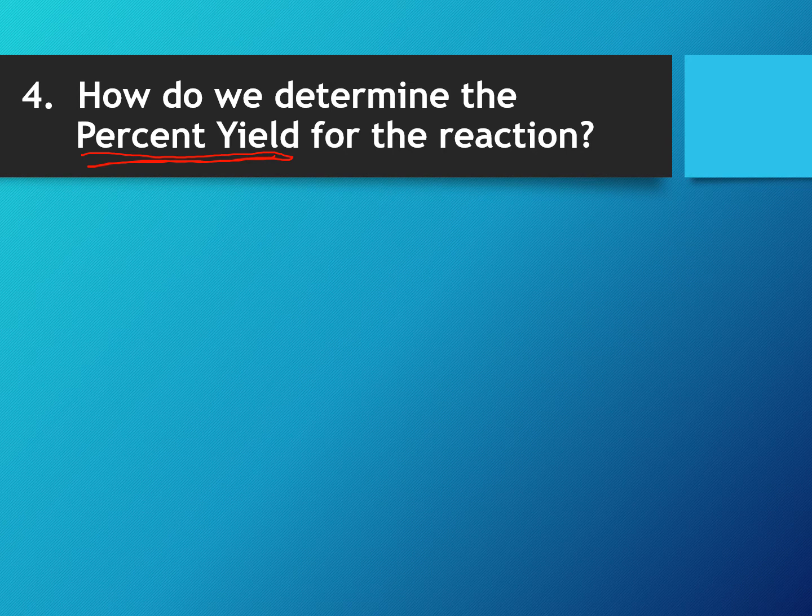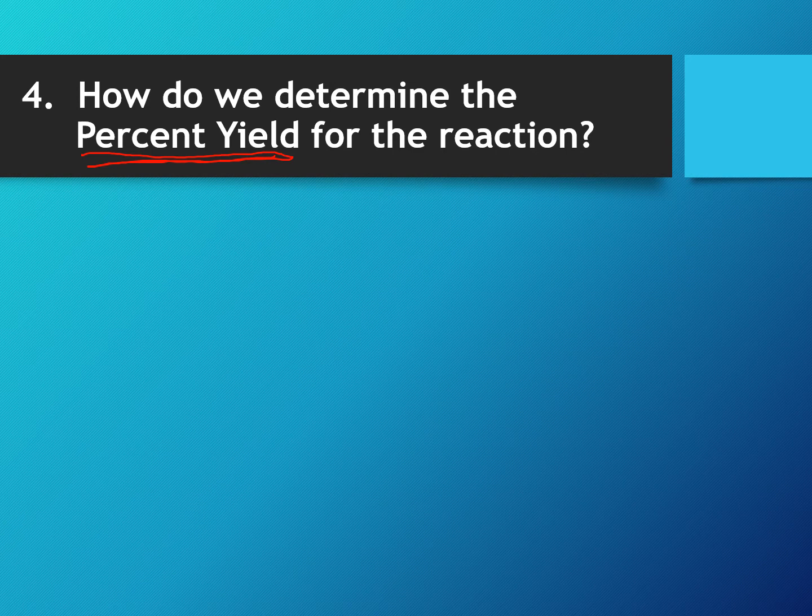All of that real world stuff that happens, losing some of the material, some of it not reacting, anything, that's not in the numbers. When you calculate what you should get, that is assuming you get 100% of what you should get. What we want to do now is do the math like we were doing, see how much we should get, compare that to what we actually get.